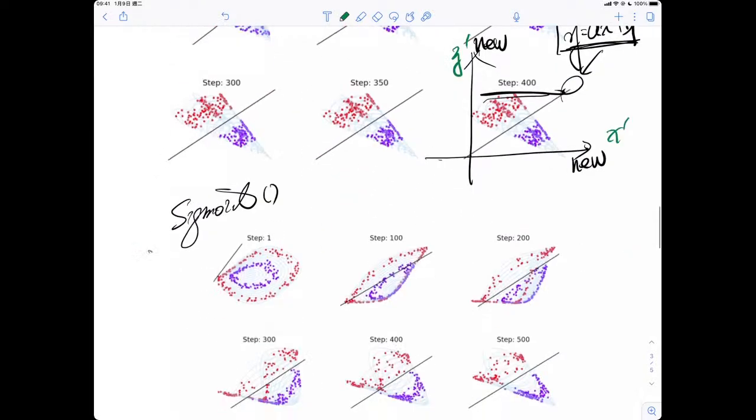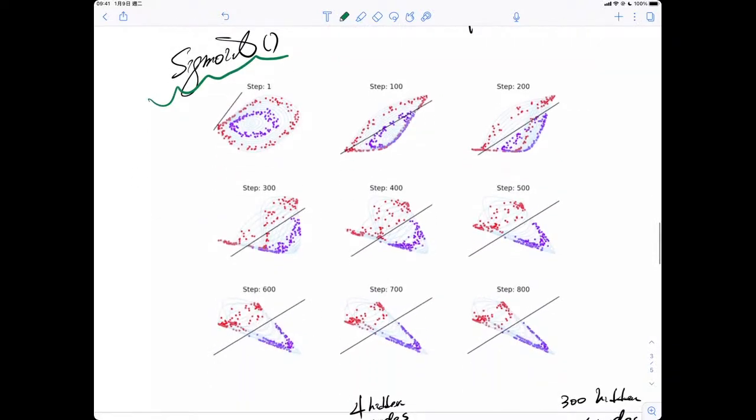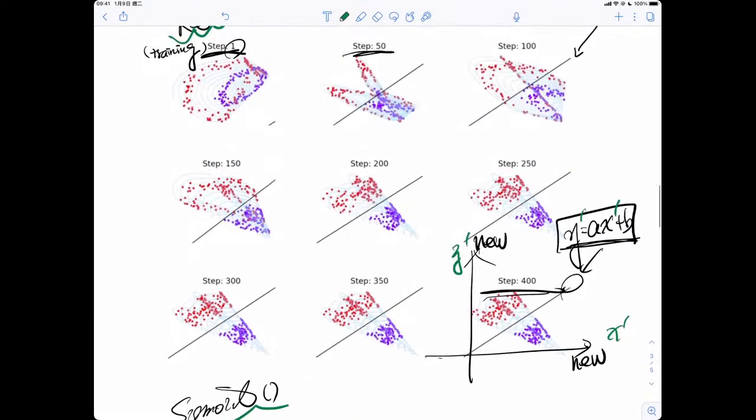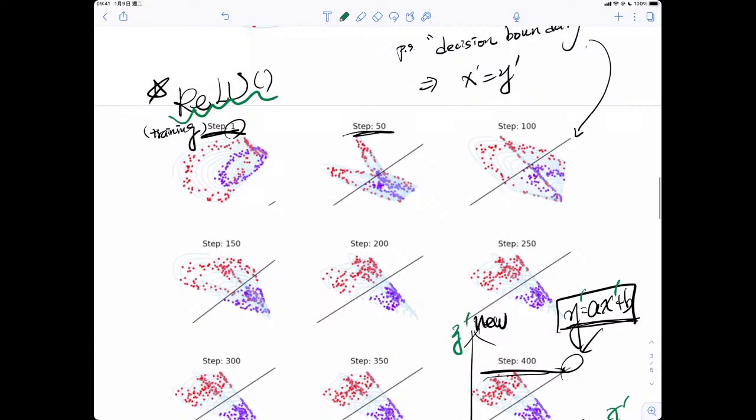And if you do sigmoid, as we have seen before, sigmoid has a different squeeze shape, right? So basically that is how sigmoid squeezes those data points. I think if you use ReLU in this very simple neural network, 20 times of folding is good enough to partition the red points and purple points.